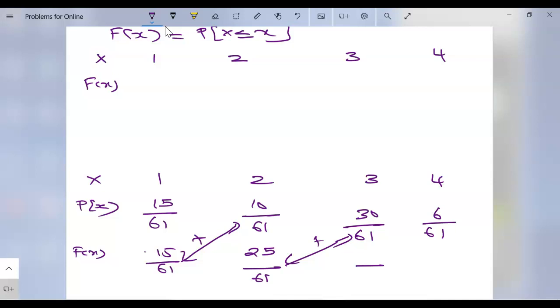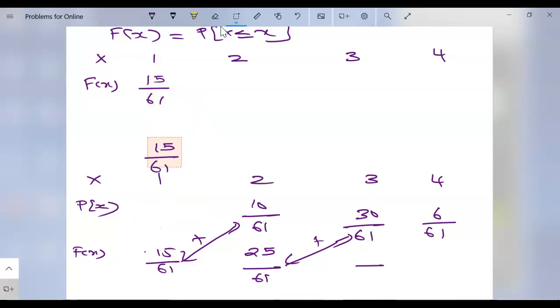So I'll repeat here. I'm going to write it here. What does it mean? The first value is 15 by 61. I wrote it. The first value from the P of x, I take it and put there.